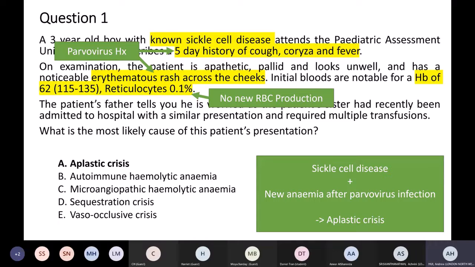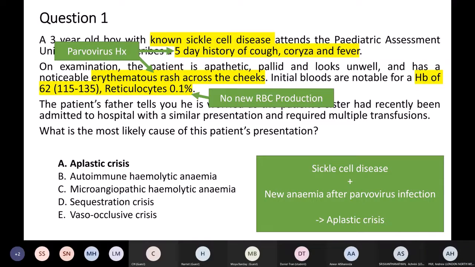B, though, is autoimmune haemolytic anaemia. Autoimmune haemolytic anaemia is not usually associated with this type of finding on a single best answer question. It's usually associated with some blood tests, which we'll talk about. It's also a haemolytic anaemia. So someone presumably doesn't have bone marrow failure and they'll still be able to produce red blood cells. So they'll still have a normal or high level of reticulocytes.